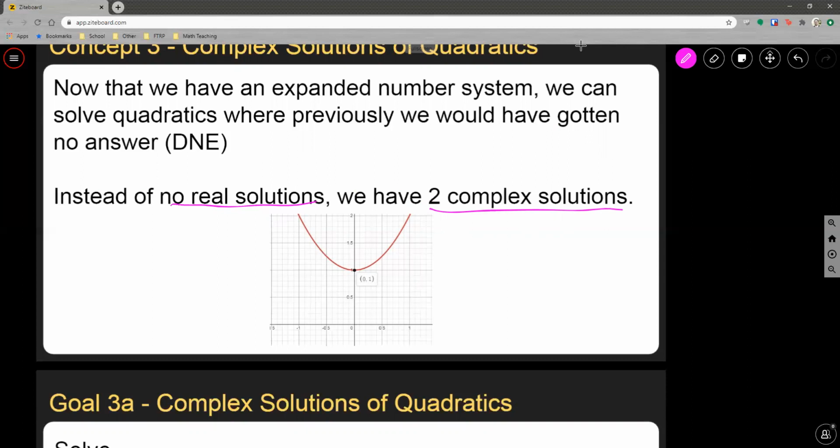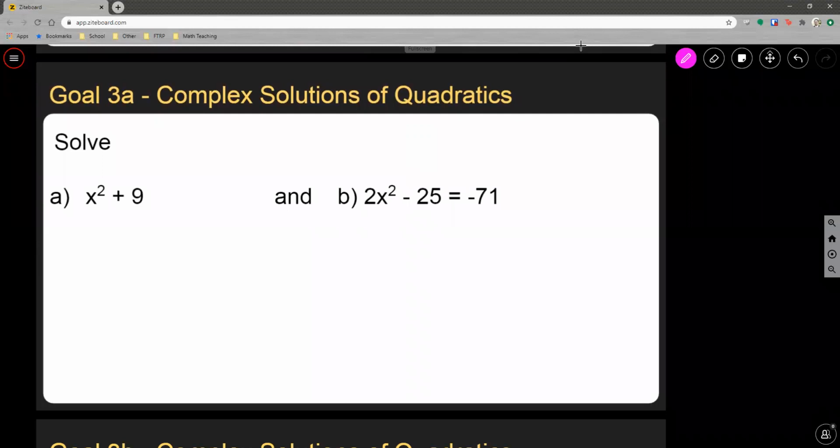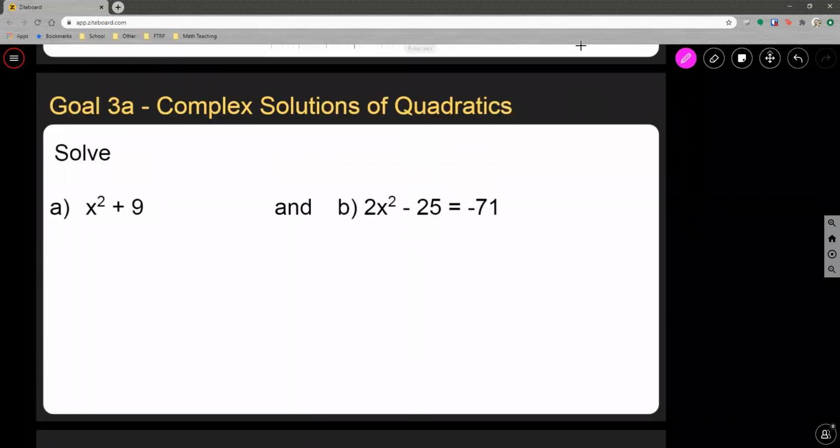Or we've gotten two complex solutions where the entire quadratic is above or below the x-axis. All right, so we can solve these quadratics where we previously would have gotten no answer, and we have these two complex solutions. So let's go ahead and solve. Complex solutions of quadratics. This is not going to be tough at all.